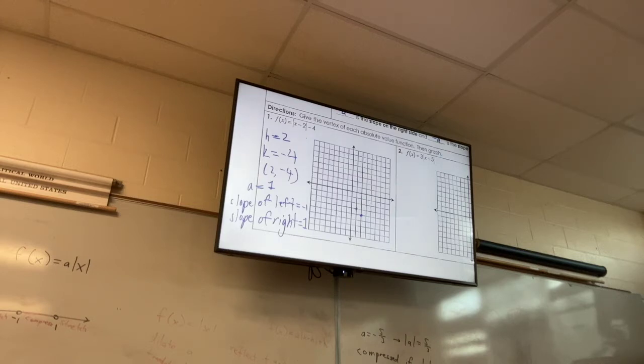Slope of the right side is going to be +1, so up 1, right 1. Done graphing, okay? You see how that's a lot easier than making a T-chart, right?